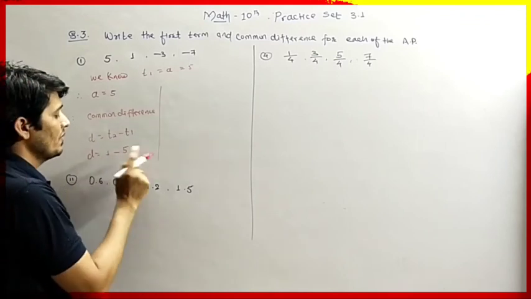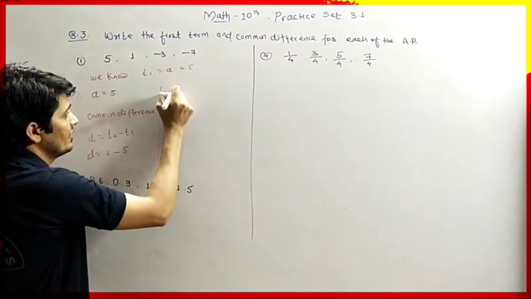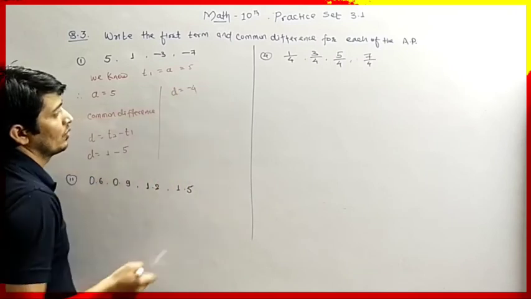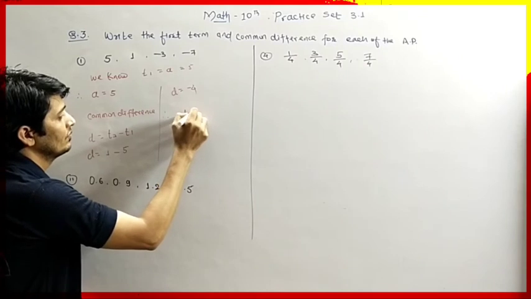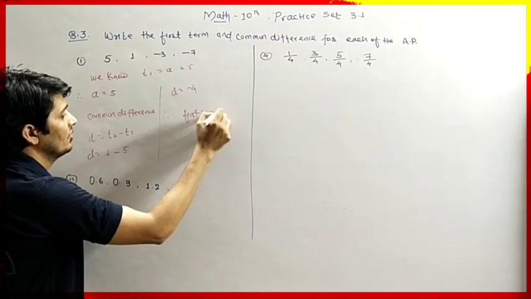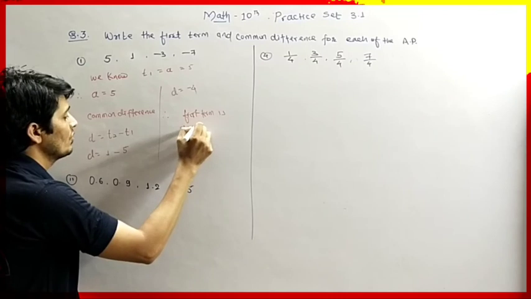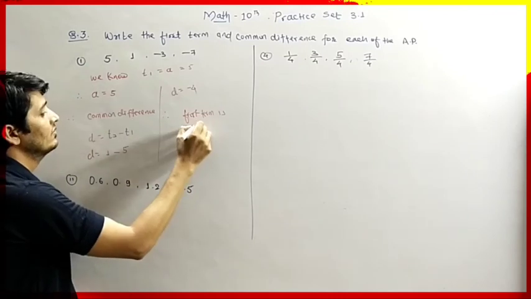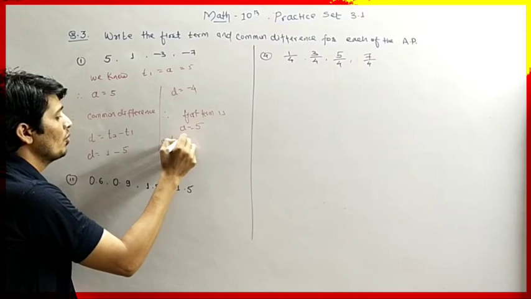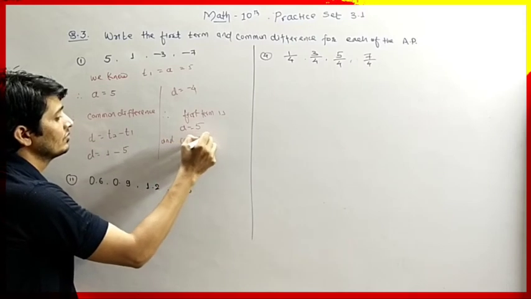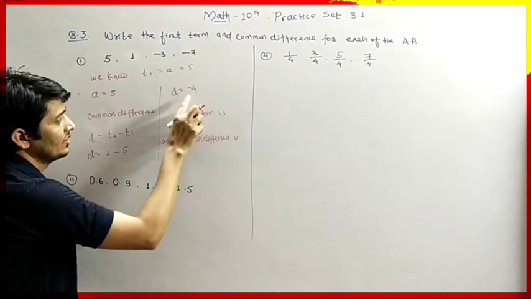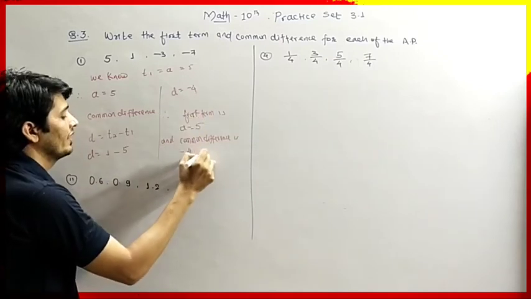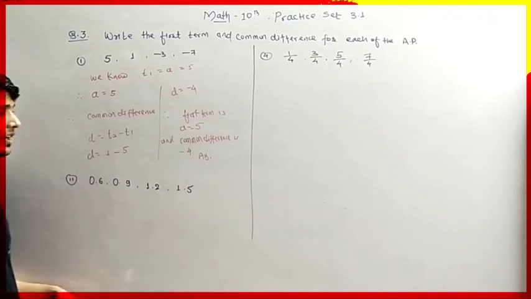So 1 minus 5 is D equals minus 4. Therefore the first term is A equals 5 and the common difference is minus 4, and it is our answer. Okay, so really it is very easy.